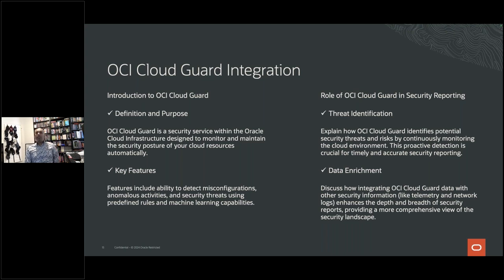Some of the key features include the ability to detect misconfiguration at the infrastructure layer, at the platform layer, anomalous activities, and any security threat using predefined rules and machine learning capabilities. So it can actually detect patterns, right?